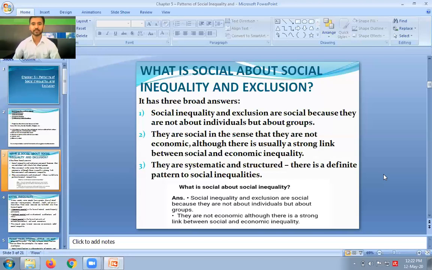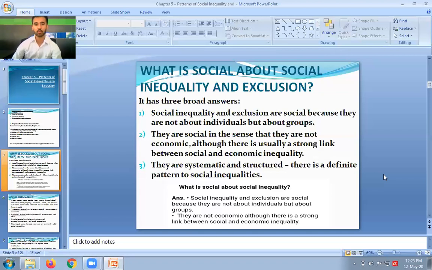Nowadays, things have changed. There's a strong link between social and economic inequality; social inequality gives rise to economic inequality, which gives rise to social inequality, right? So two points tell us that it is called social inequality and social exclusion. They are called social because they are not about individuals but about groups. And the second point tells us that they are not only economic; although nowadays the economic aspect is there, they were actually social in the sense, right?